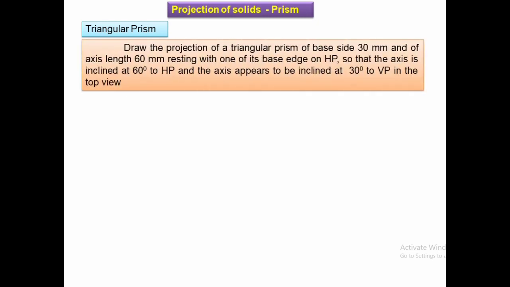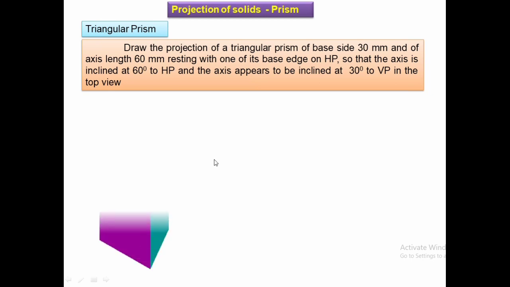Now here is a triangular prism with a side of 30 mm and axis 60 mm, resting with one of its base edges. It is important for us to keep the first position, or to draw the first position, with the base edge on which it rests on HP to the right hand side. The axis is inclined at 60 degrees to HP, and in VP it appears to be inclined at 30 degrees.